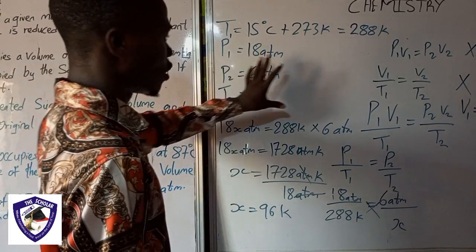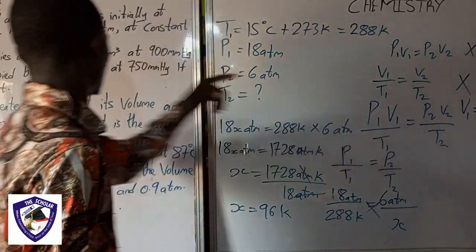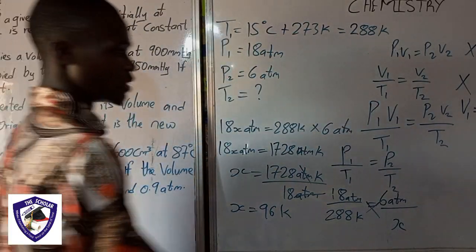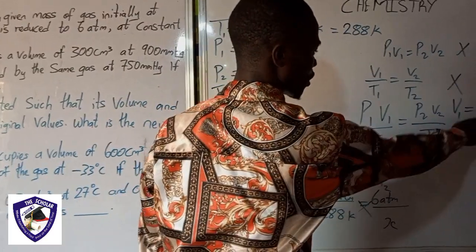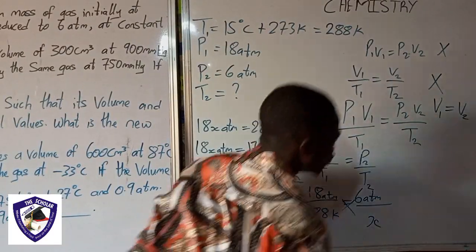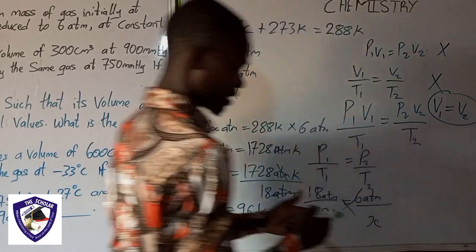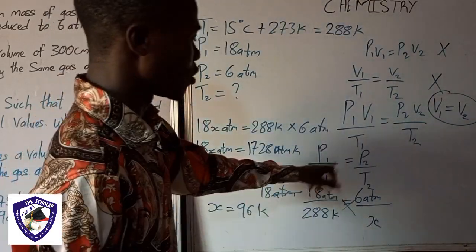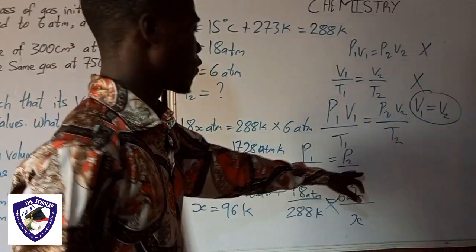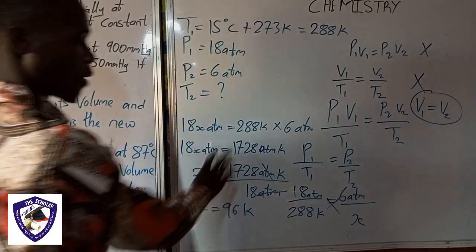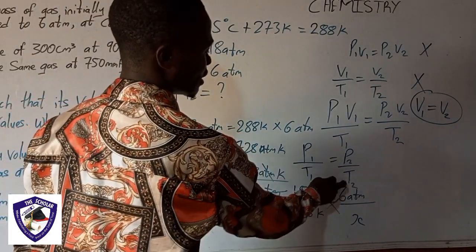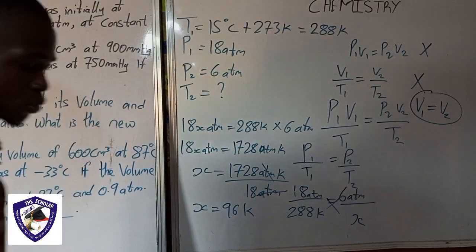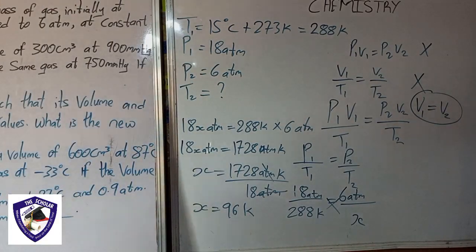The question says at constant volume, which means our V1 is equal to V2, since it is constant. So we have P1 over T1 equals P2 over T2. Then we input our values and substitute for T2.